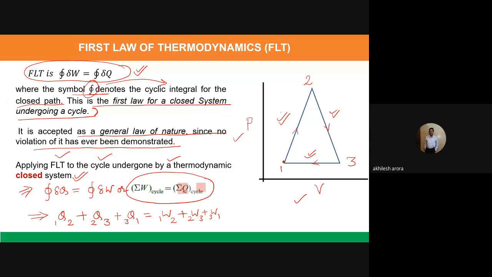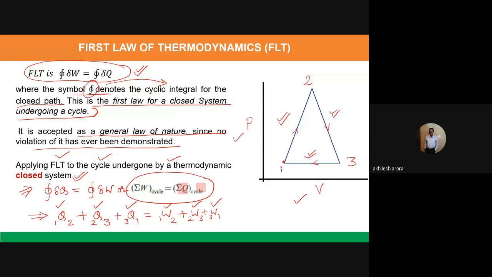Sigma W for the cycle is equal to sigma Q for the cycle. And the meaning here is that heat transfer for the process 1 to 2 plus heat transfer for the process 2 to 3 plus heat transfer for the process 3 to 1 is equal to work transfer for the process 1 to 2 plus work transfer for the process 2 to 3 plus work transfer for the process 3 to 1.